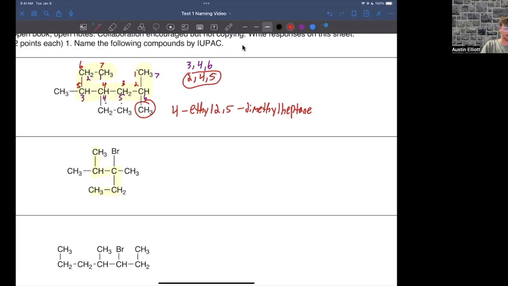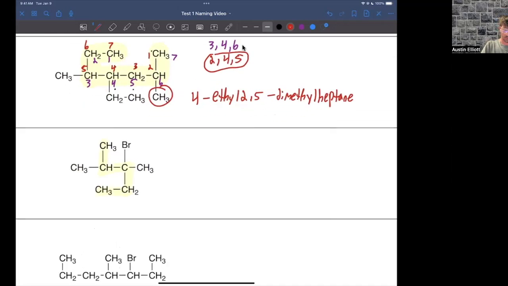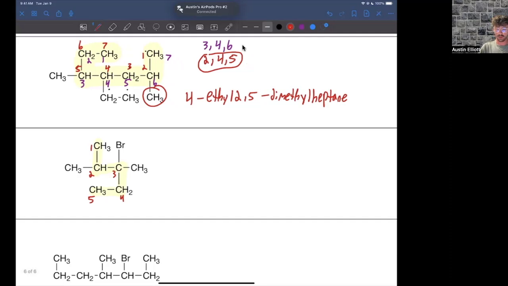Now we're going to number. So we're going to have 1, 2, 3, 4, 5, and we're also going to have 1, 2, 3, 4, and 5.